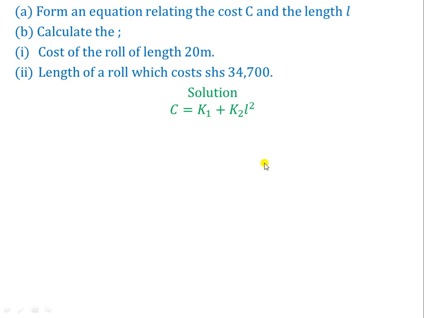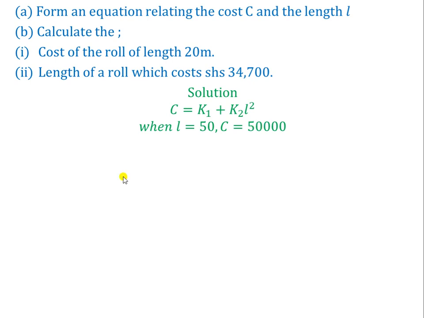After having this equation, we begin substituting in the conditions we're given, and finally we shall form two simultaneous equations that we shall solve by elimination, substitution, matrix method, or any other method of your choice. But we shall prefer elimination or substitution for the sake of simplicity and time saving.